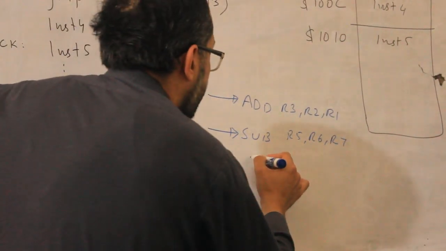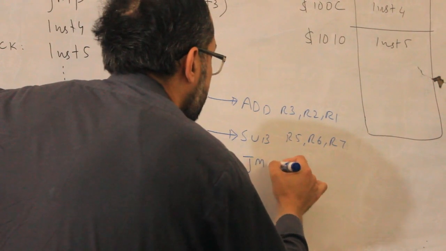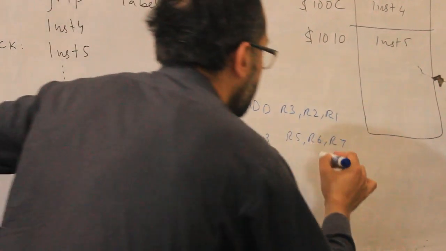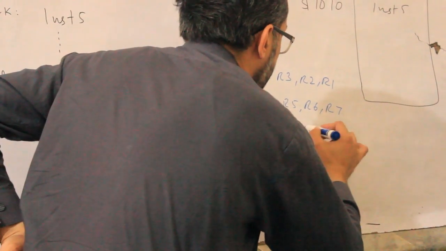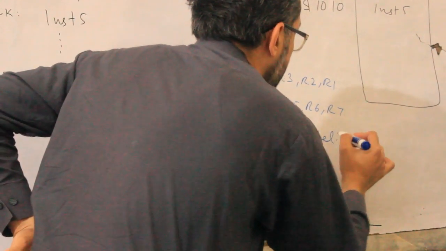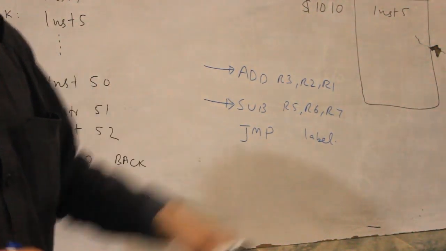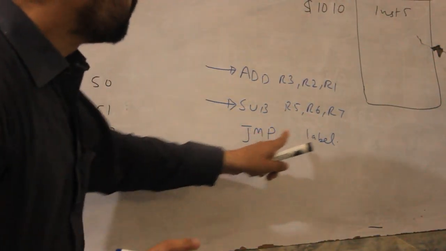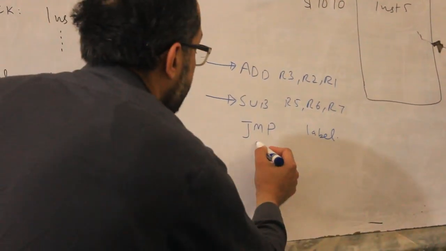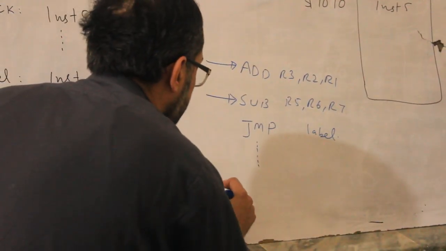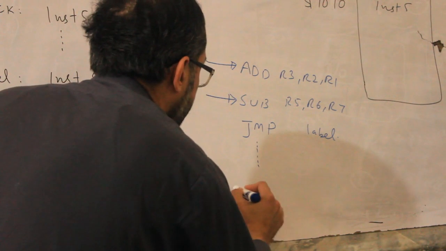However, if we have an instruction like jump, or we give some label like label, this instruction will change the flow of the program and it will jump to an address that is label. Let's assume that this label is defined here.